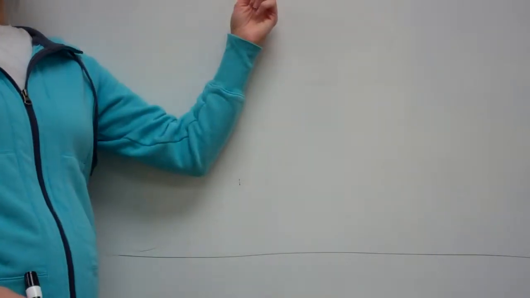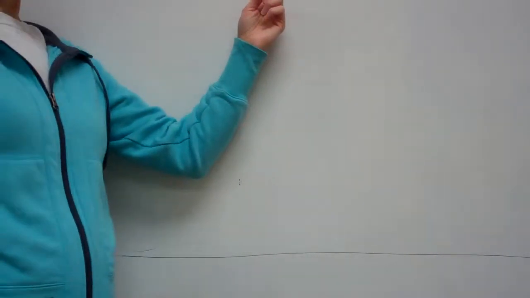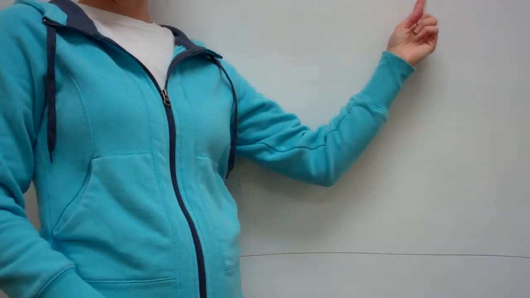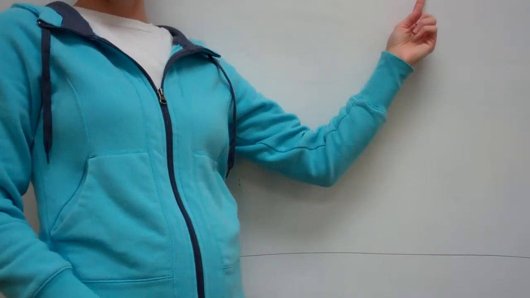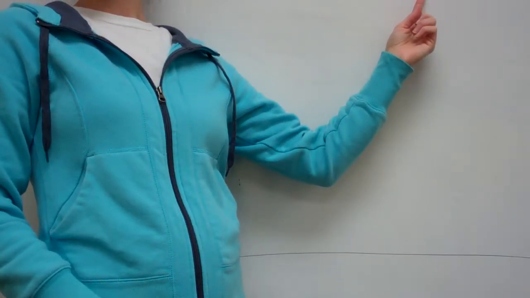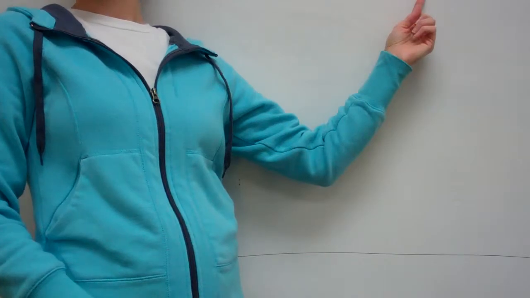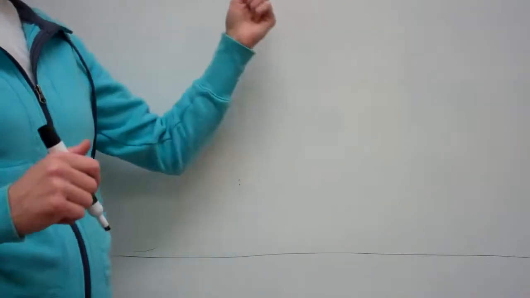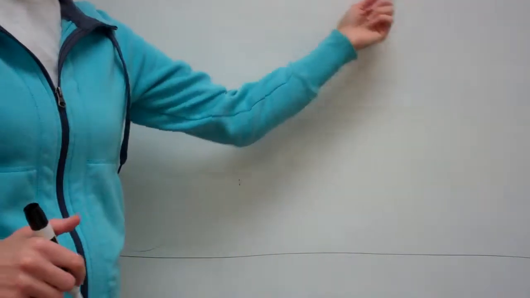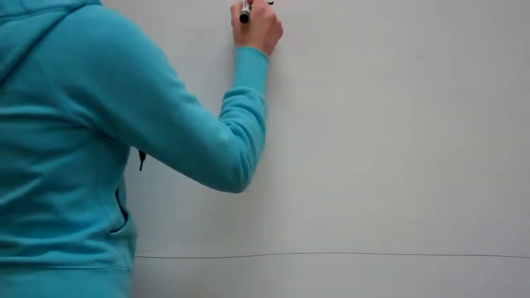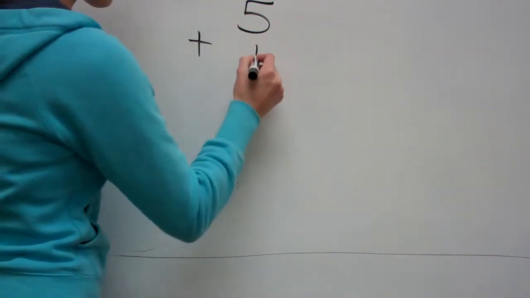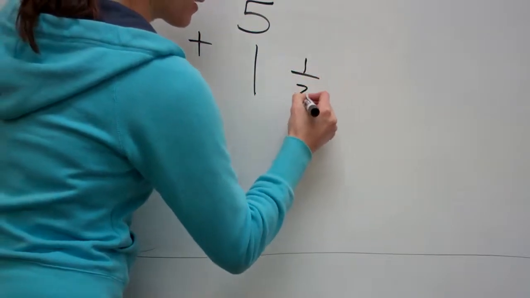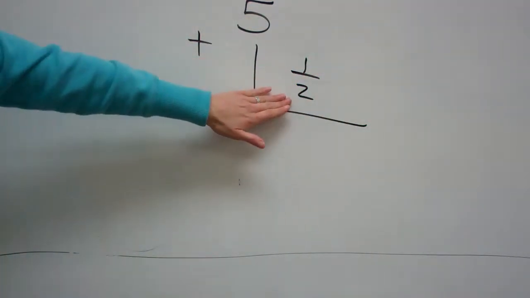Okay, so I have a whole number, and I have a whole and a fraction, a half, which means it's a mixed number. So I have a whole number and a mixed number. When I'm working something like this, I put my whole numbers together, and then my fraction part together.